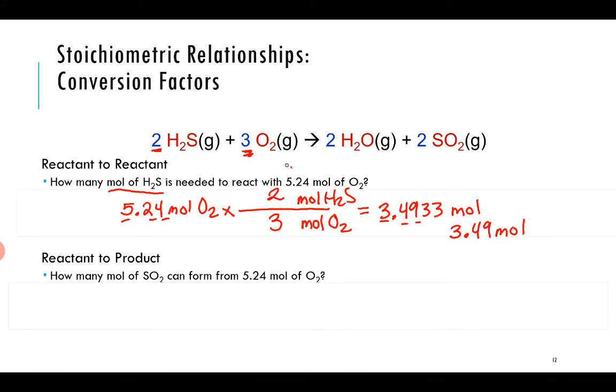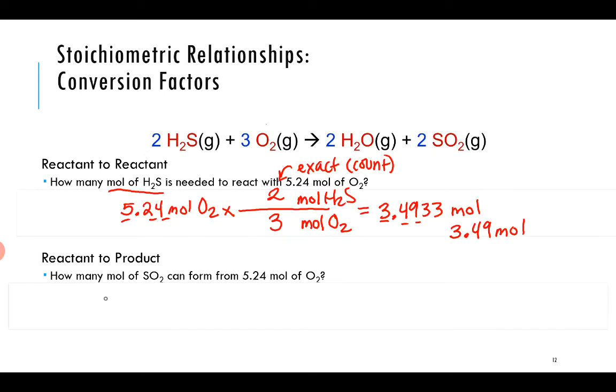These mole amounts in the middle are exact values because we can count them. And so counted things are exact values, so they won't influence your significant figures. We're just using those coefficients in our math.